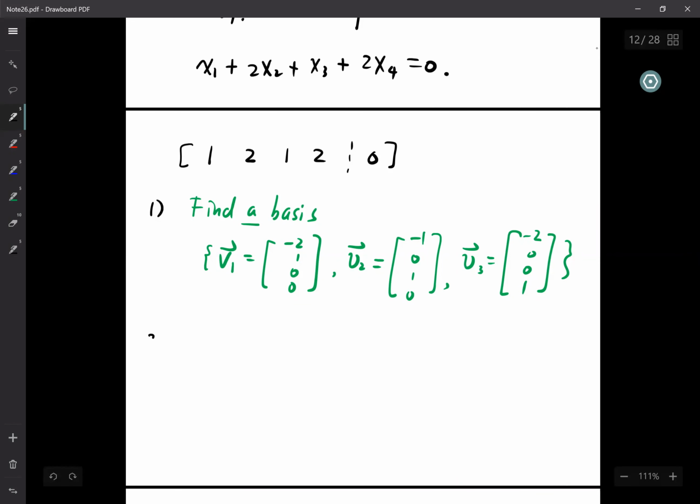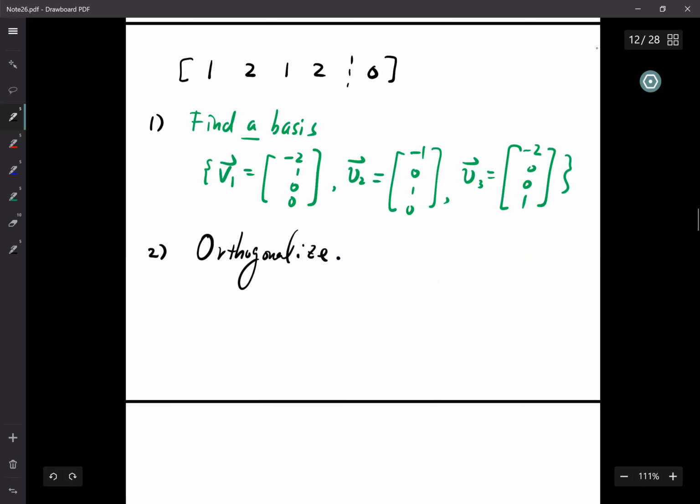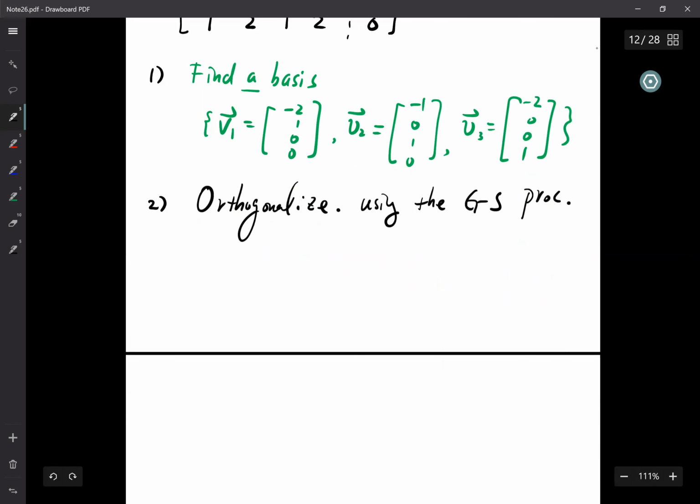Now the next step is to orthogonalize the basis using the Gram-Schmidt procedure. Let's just carry it out. The first one is just V1, -2, 1, 0, 0.